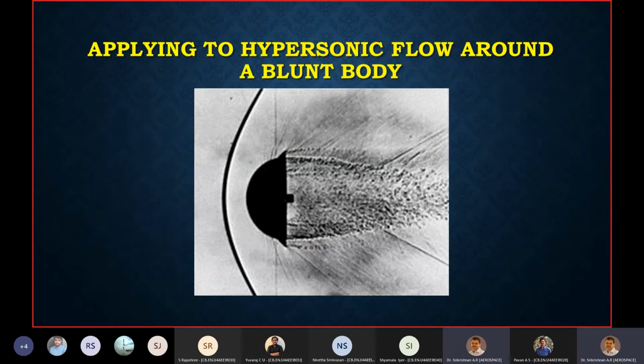Okay, then I'll briefly say where we stand now. We have the governing equations that can be applied to hypersonic flows under the assumption of steady, inviscid conditions, and we are trying to non-dimensionalize the equations.